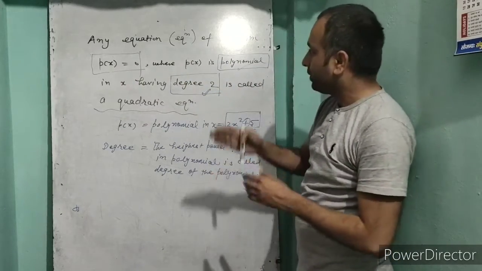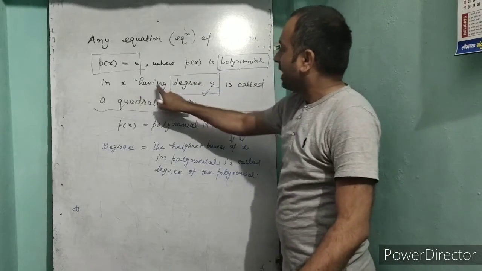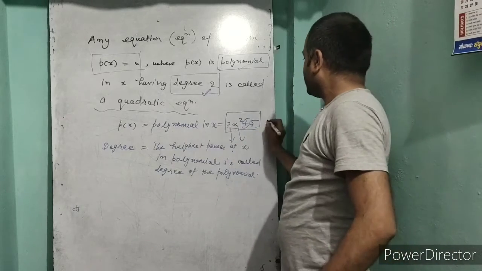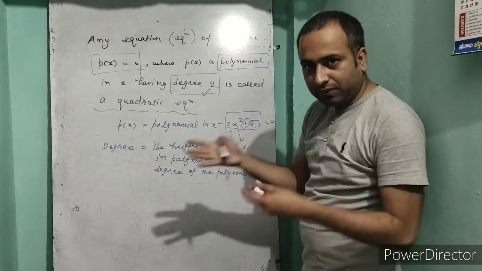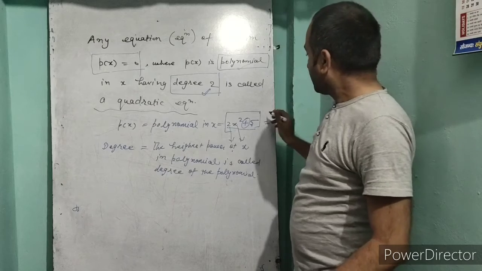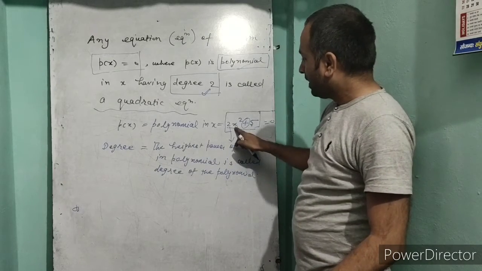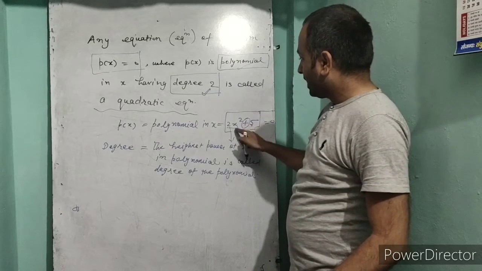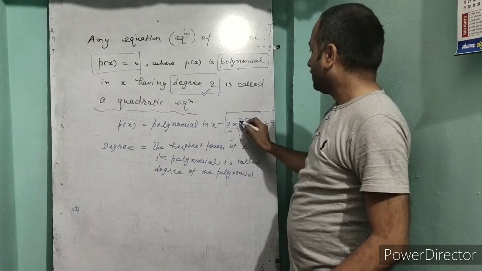An equation of the form P(x): P(x) is a polynomial in x having degree 2. Okay, so this is the example. Suppose P(x) = 0, so this is an equation, meaning 2x square plus 5 = 0. It's a quadratic equation. Why is it a quadratic equation? Because the highest power of x in the polynomial is here 2.